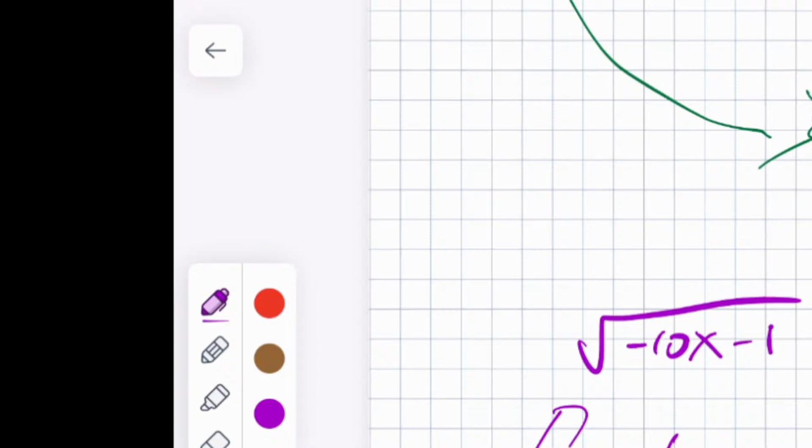x squared minus 3x minus 4 is 0. So you can factor out x. x equal to 0, x equal to 3. It actually turned out to be an easier question. But x equal to 0 is not correct, I believe.